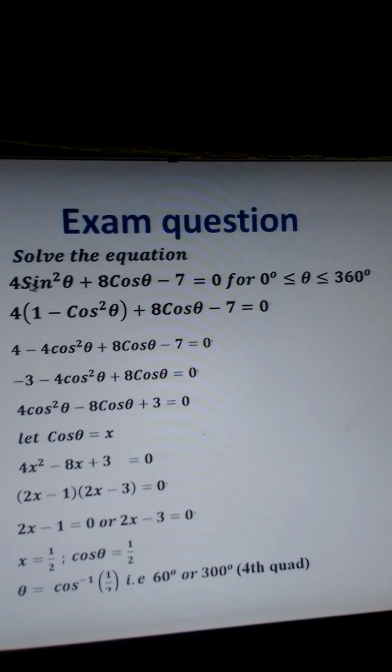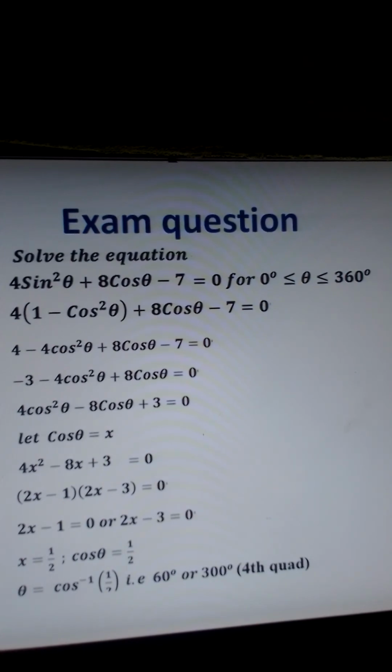Now, sine squared theta we can write as 1 minus cosine squared theta, because we found that sine squared theta plus cos squared theta is equal to 1. So we can write sine squared theta in terms of cos squared theta. So we have 4 into 1 minus cos squared theta plus 8 cos theta minus 7 is equal to 0.